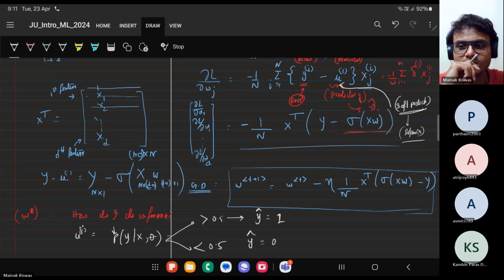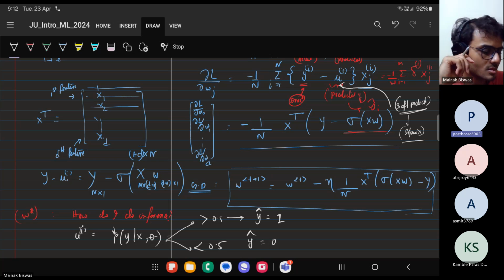It is not clear that yi minus mu i, yi will be 1 or 0 but mu i is the probability of being 1 or 0. So how am I subtracting 1 or 0 from a probability? That is a probability of being 1. Yes.